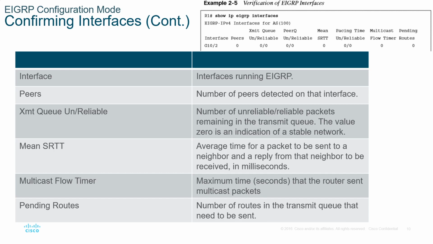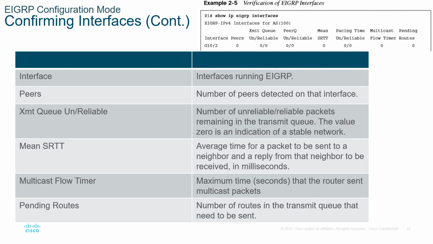The XMTQ is telling us the number of packets that are reliable or unreliable that are in the queue for transmission. The 0 indicates a stable network. So that's what we're really looking for under this queue column. Mean SRTT, which is our average time to and from our neighbour.